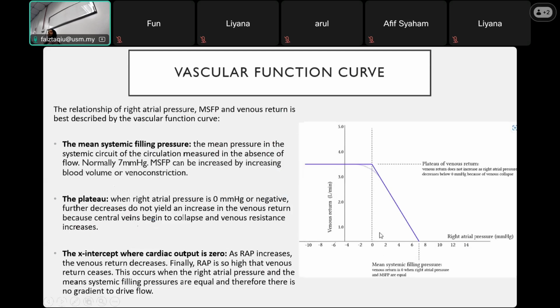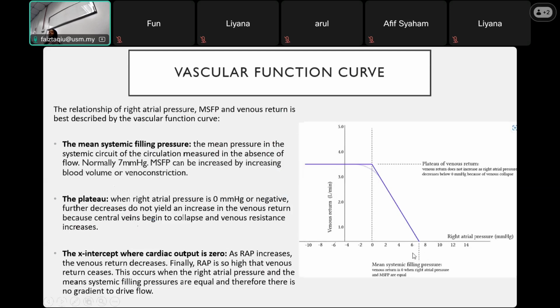So when the right atrial pressure increases, the X intersection here is where the cardiac output equals 0, or the venous return is equal to 0. As the right atrial pressure increases, the venous return also decreases. Finally, the right atrial pressure is so high that the venous return ceases.